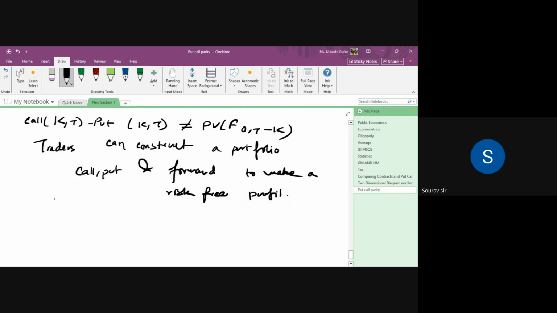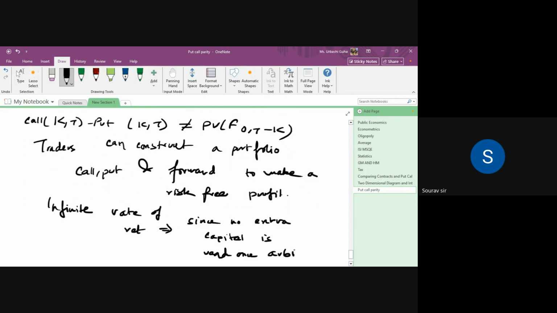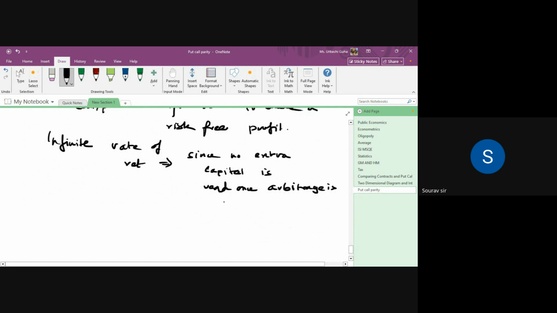Why is there an infinite rate of return? Because no extra capital is required once the arbitrage is set up. If there is any doubt, tell me. No doubt. Okay.